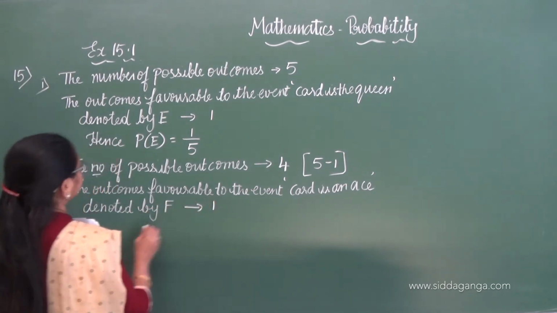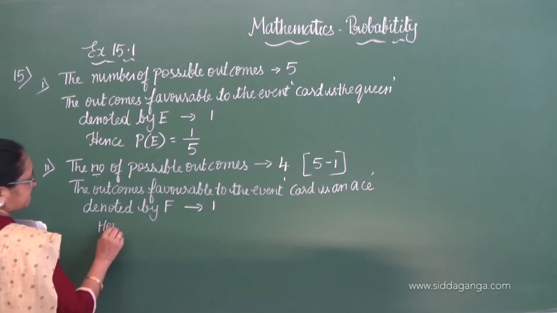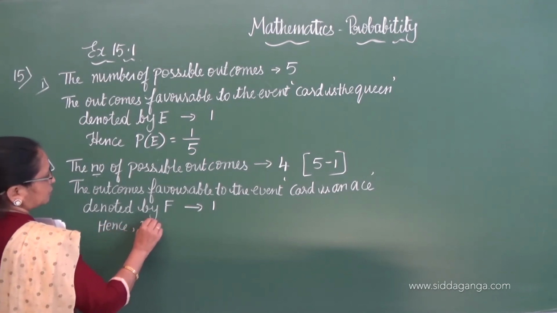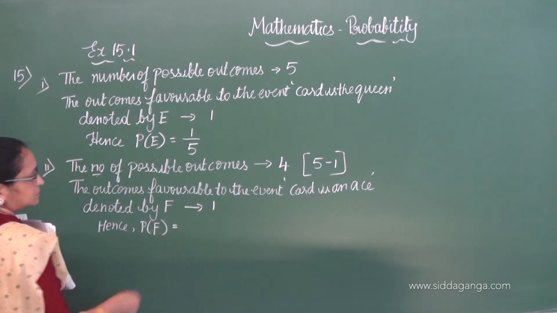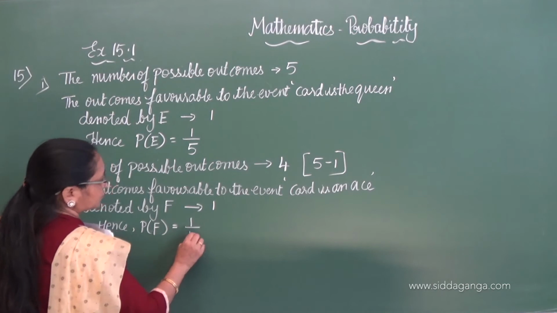Only 1. Hence, P of F is equal to 1 by 4.